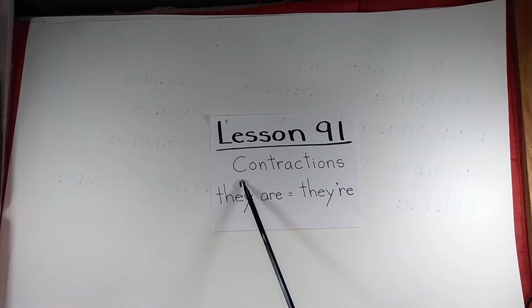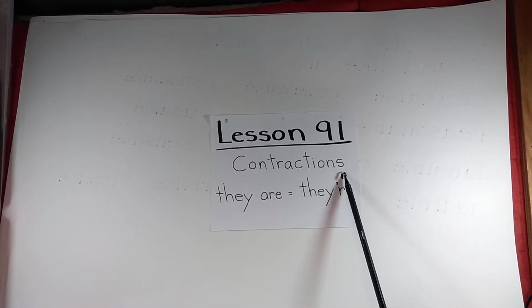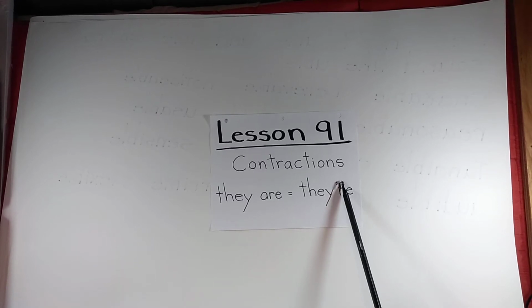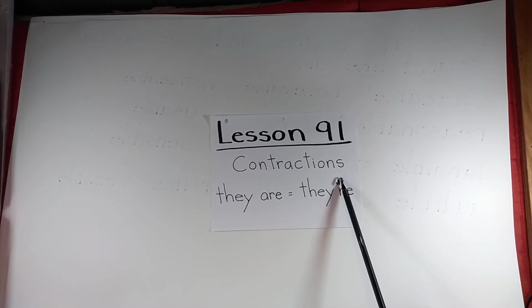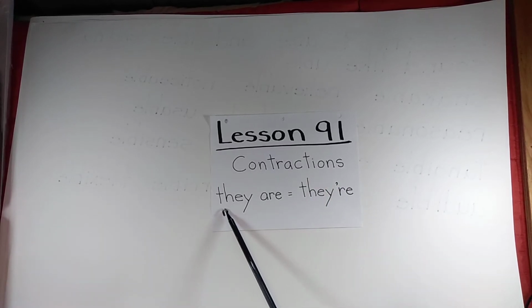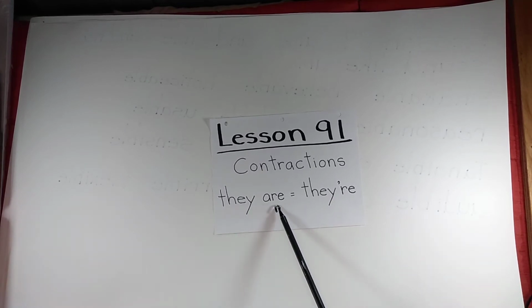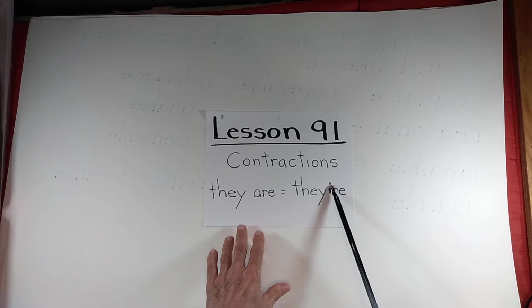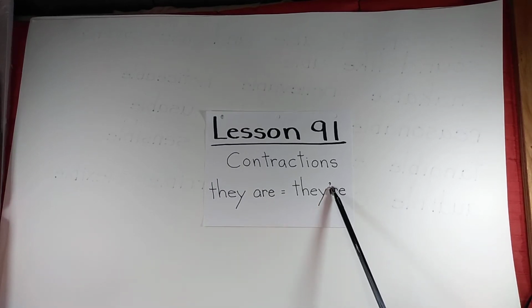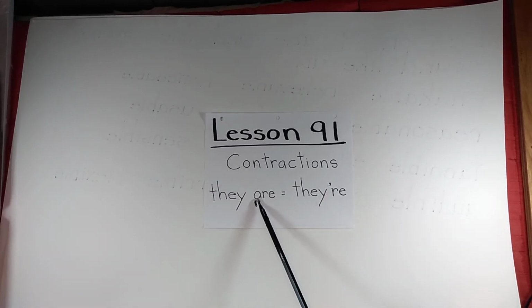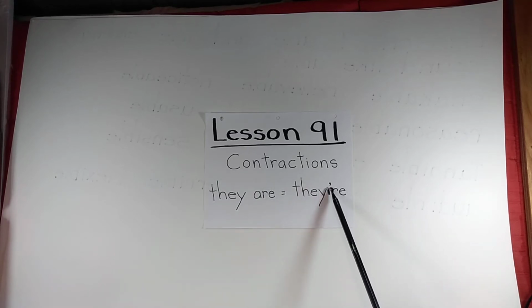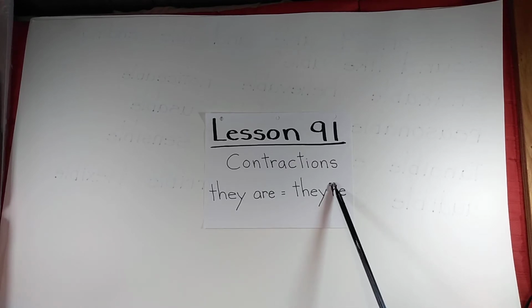In this lesson, we're going to look at some more contractions. There are so many contractions in the English language that I broke them up into two lessons. We're going to look at contractions like they're, coming from they are, with the apostrophe right here taking the place of the A. We saw in the last lesson, lesson 90, that this little apostrophe oftentimes takes the place of more than one letter.